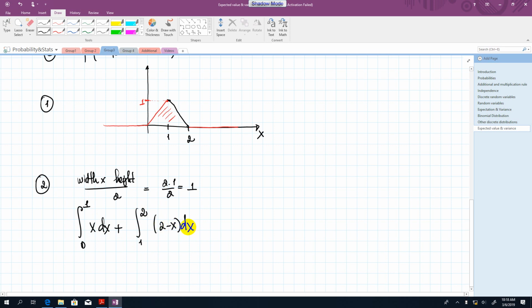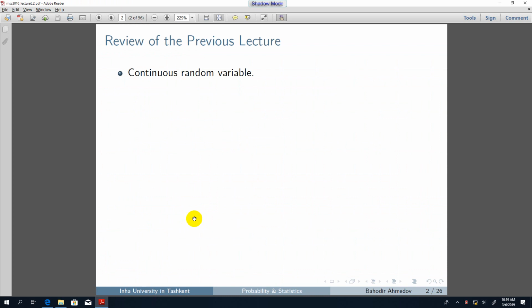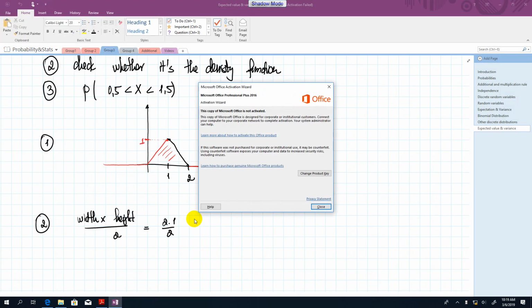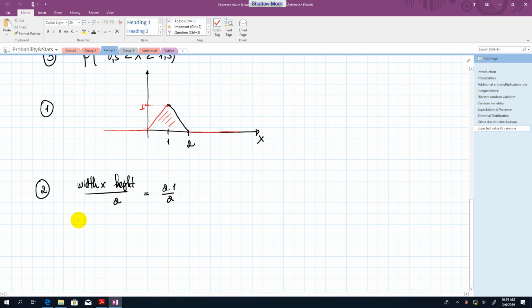So hopefully you understand that for integration, we can split the regions, right? For example, if you need to integrate from 0 to 2, we can write this as the integration from 0 to 1, plus the integration from 1 to 2.